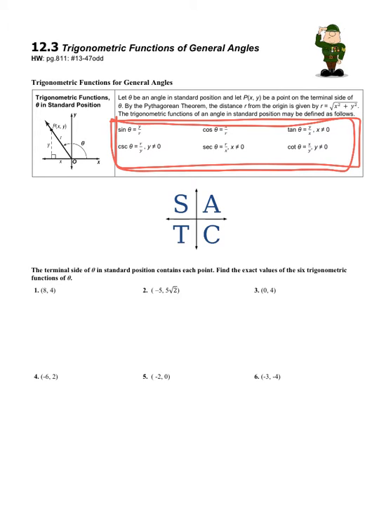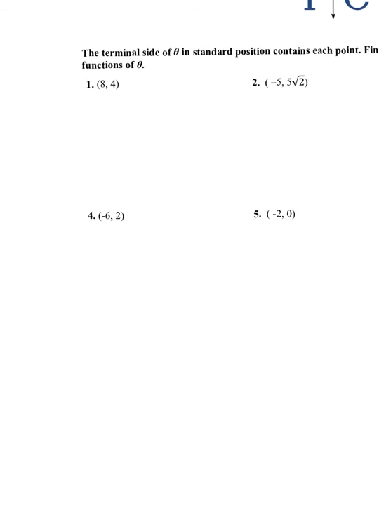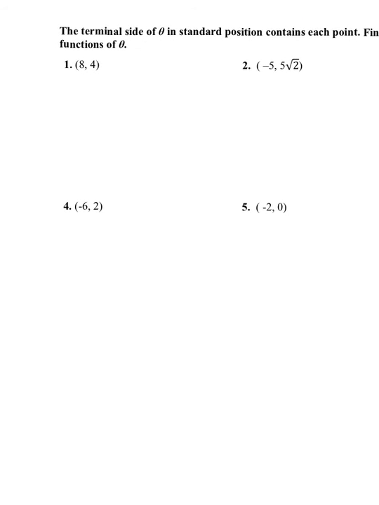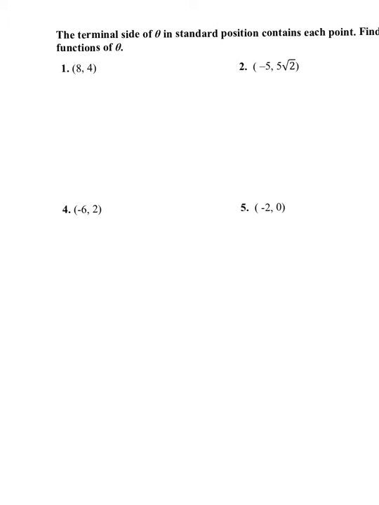So I think the best way to do it is just to show you. For number 1, it says the terminal side of theta in standard position contains each point. Find the exact values of the 6 trigonometric functions of theta. So the first thing I'm going to do is sketch out where this is on my coordinate plane.